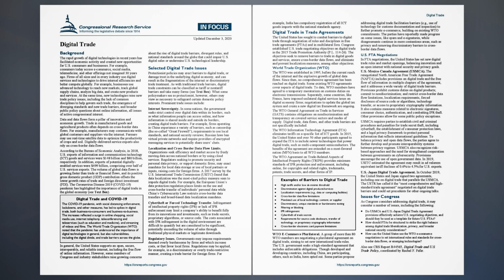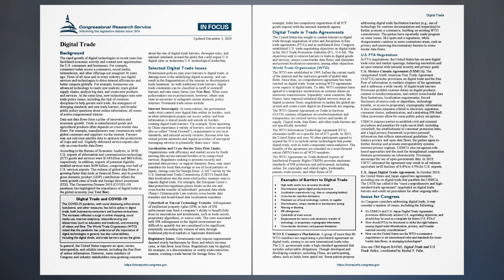The benefits of the agreement are extended on a most favored nation (MFN) basis to all WTO members. The WTO Agreement on Trade-Related Aspects of Intellectual Property Rights (TRIPS) provides minimum standards of IPR protection and enforcement, including online, for copyrights and related rights, trademarks, patents, trade secrets, and other forms of IP.